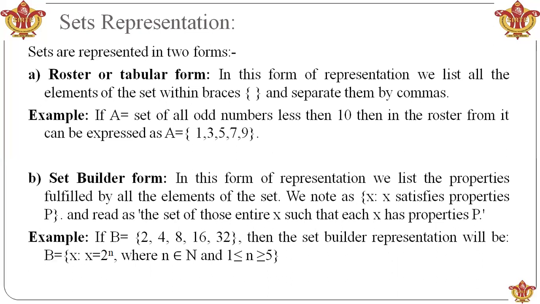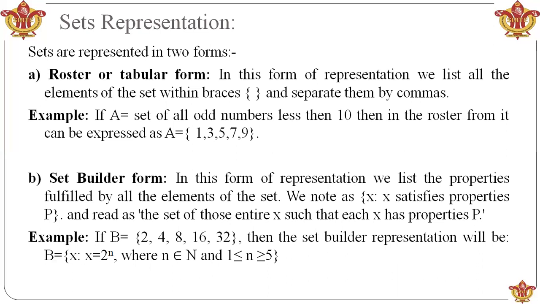And that small n contains values greater than or equal to 1 and less than or equal to 5, right? So if we take small n equal to 2, then we get the answer 4. The 4 is an element of that set B. Here you can see 4 is also available. So this is the set builder representation.